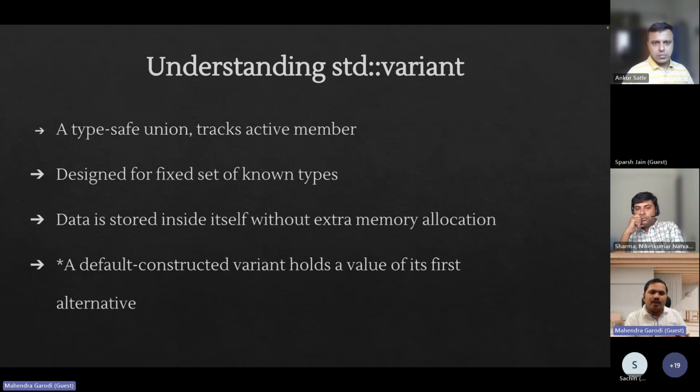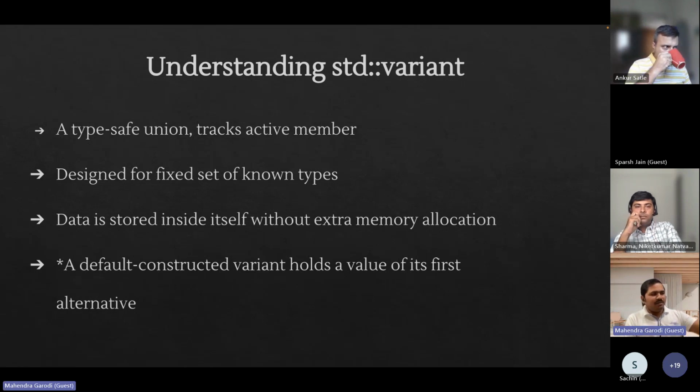For example, if it is int, it will get initialized to 0. Let's say you have some user defined data type with a default constructor, then its default constructor will get called and it will get initialized. So std::variant will always have an initial value itself.